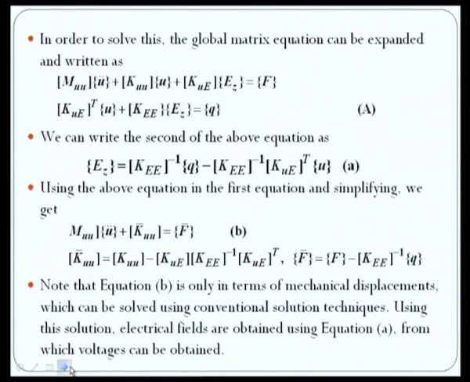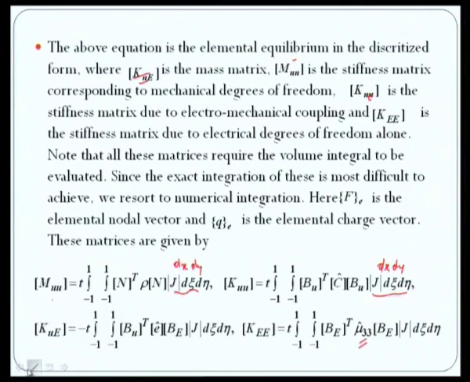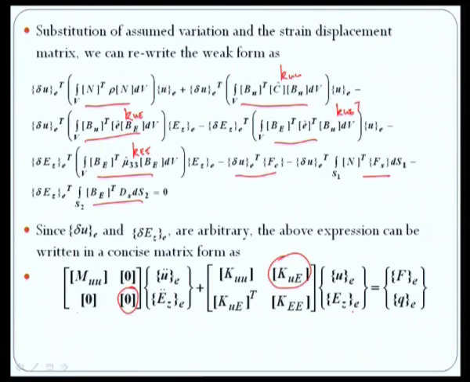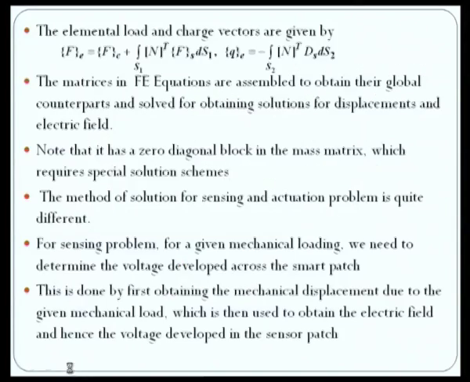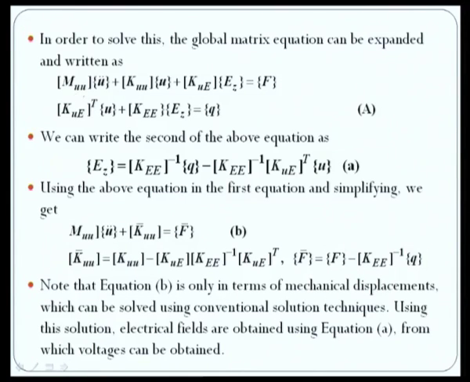So, in order to solve this, the global matrix equation which is given in the previous case, this equation we can actually write as two different equations. We can eliminate this portion for getting the voltage. For example, this can be rewritten in this form. The first equation can be expanded as given here and the second equation can be expanded like here. Now, from the second equation, because this is a square matrix, we can take an inverse.